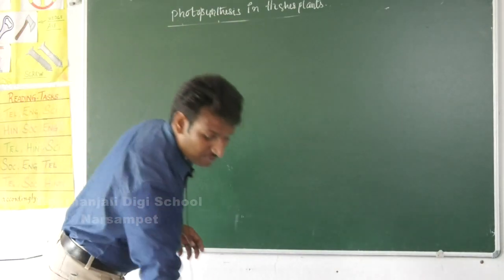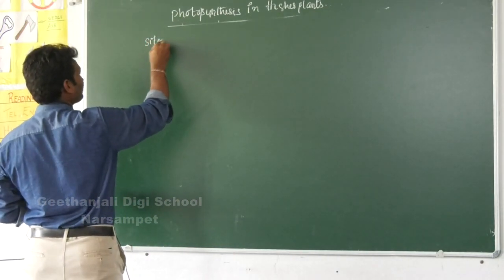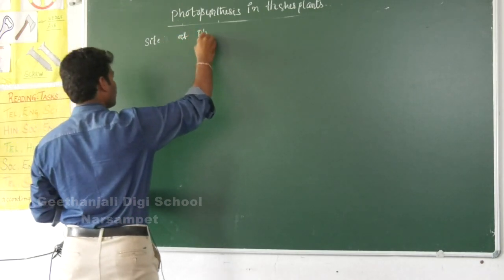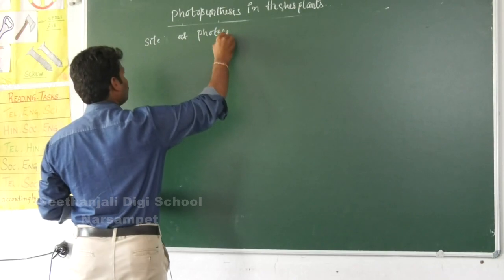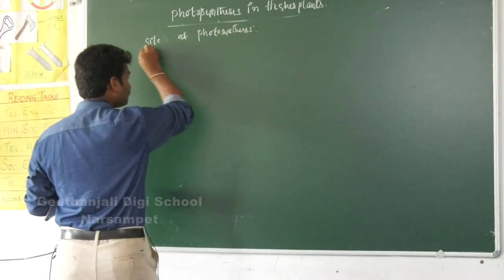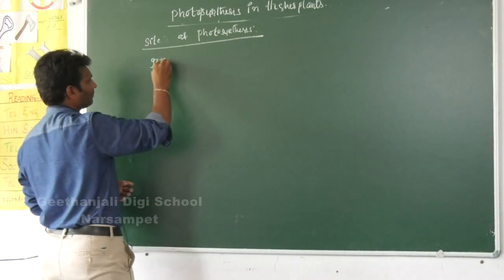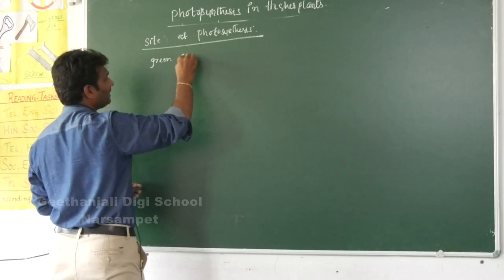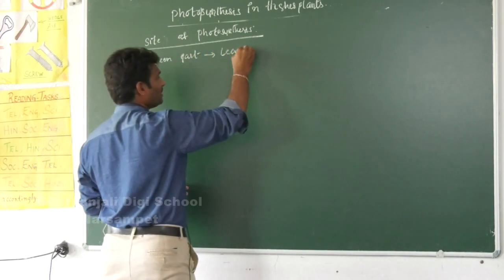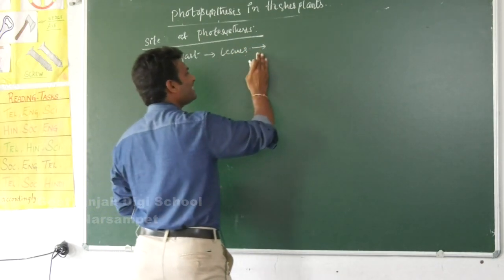Next we are going to explain the sites of photosynthesis. Photosynthesis takes place in the green colored parts of the plants, which are leaves especially, in which a pigment is present.